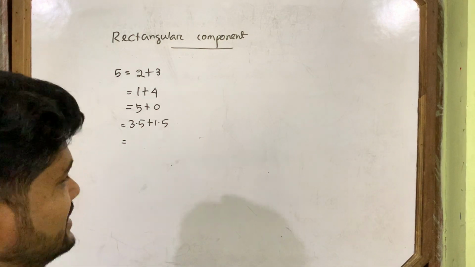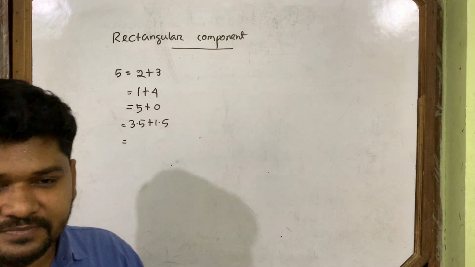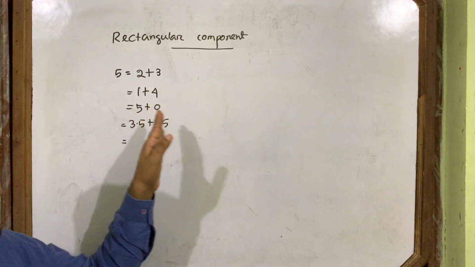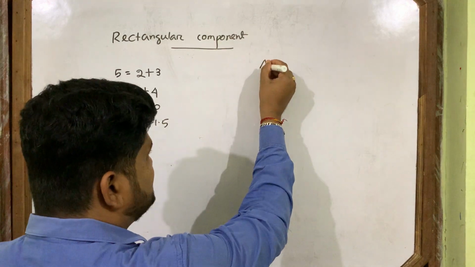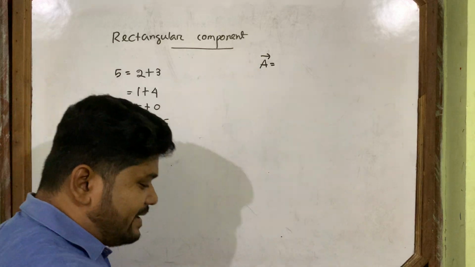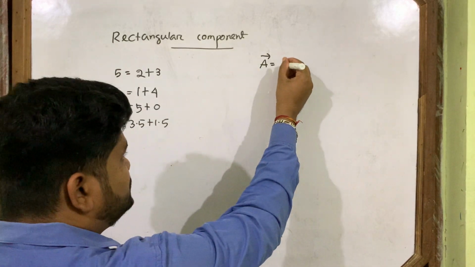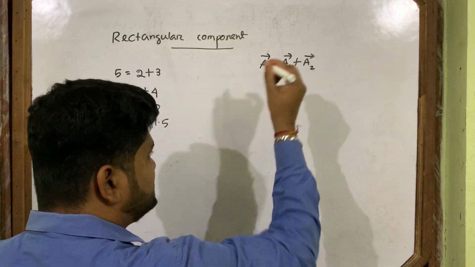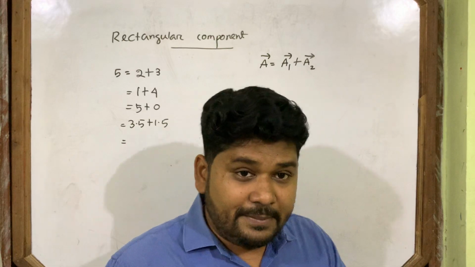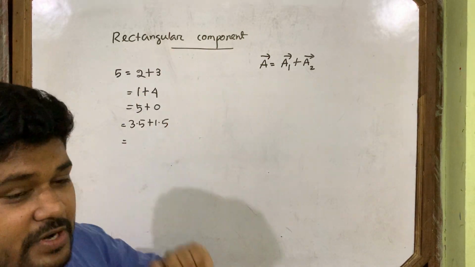Okay, so this is the component of 5. I divide 5 into different parts; these are the different pairs. Similarly, we'll divide one vector, a vector, into two components. Suppose those two components are a1 vector and a2 vector. But not only components, we'll discuss rectangular components.